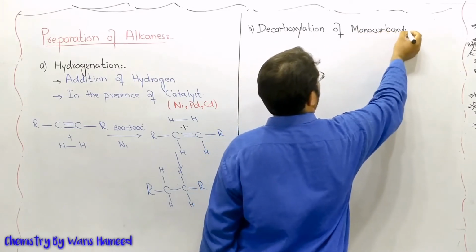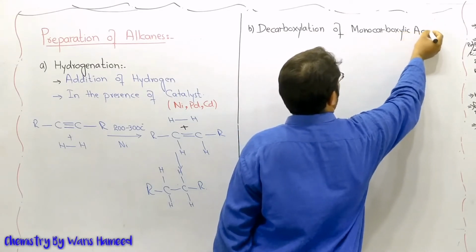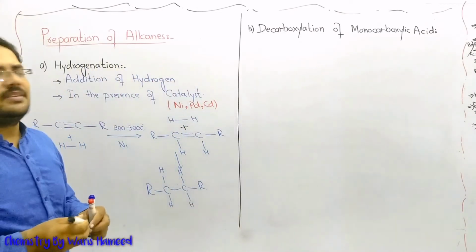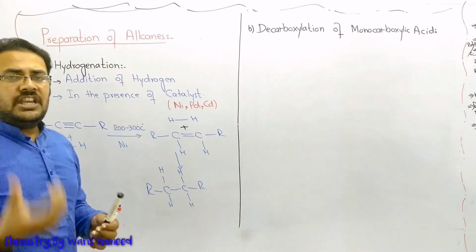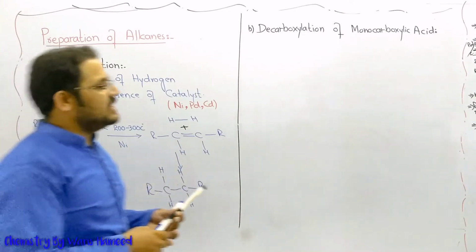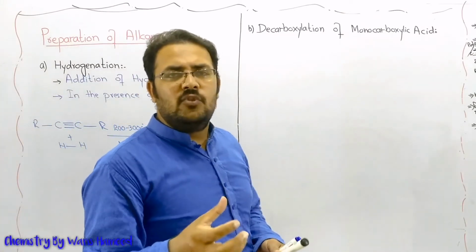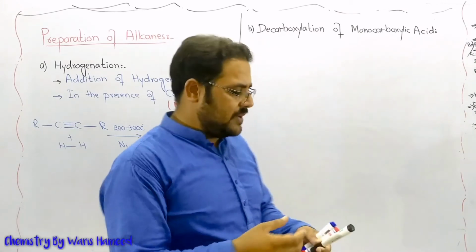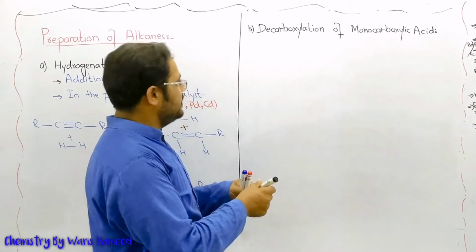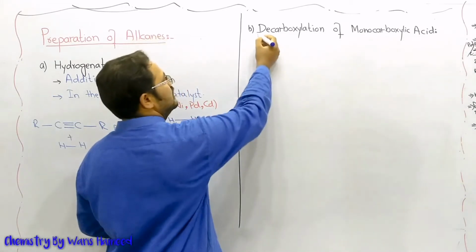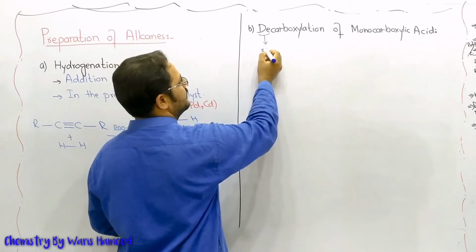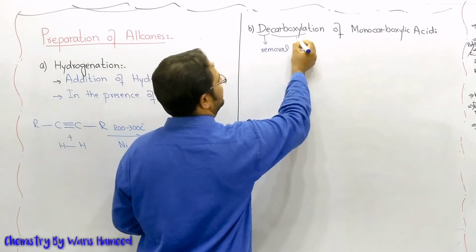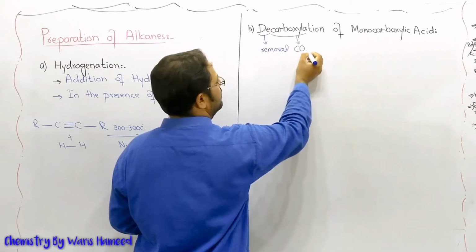What is the term telling us? Decarboxylation means that we are removing carbon dioxide from the reactant. De means removal, so decarboxylation is removal of CO2.